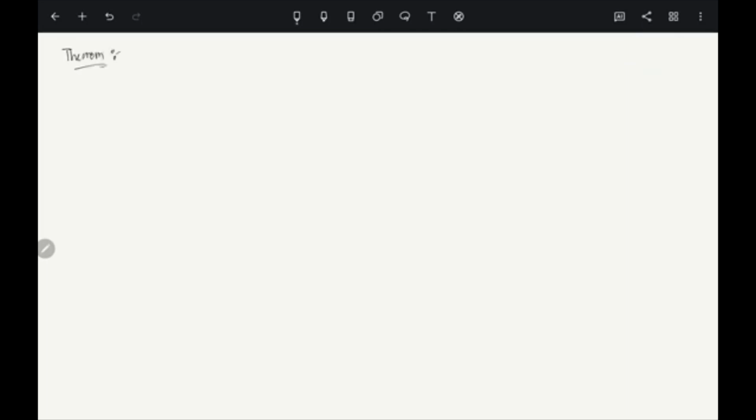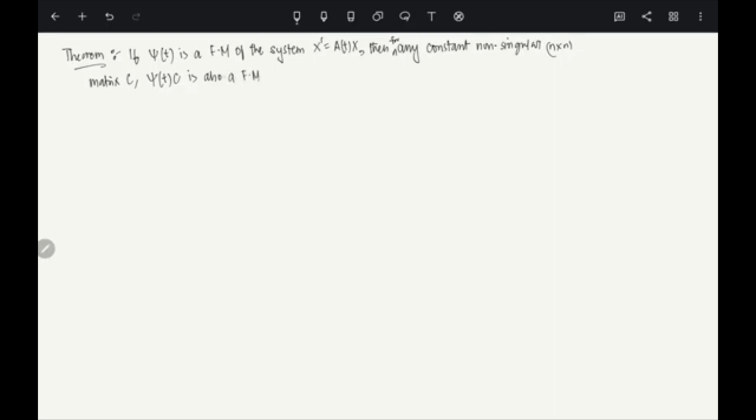The theorem says that if phi of t is a fundamental matrix of the homogeneous system x prime equals A times x, then for any constant non-singular n cross n matrix C, phi of t times C is also a fundamental matrix of the same system.